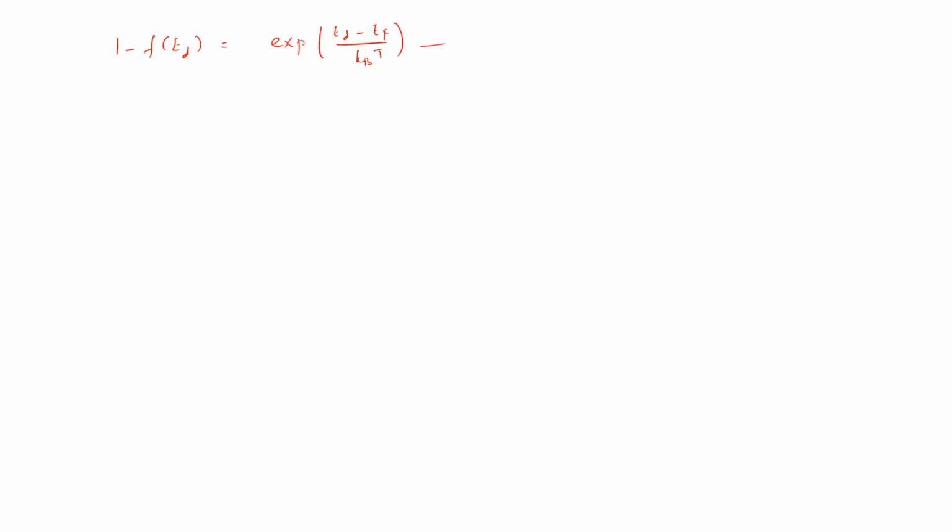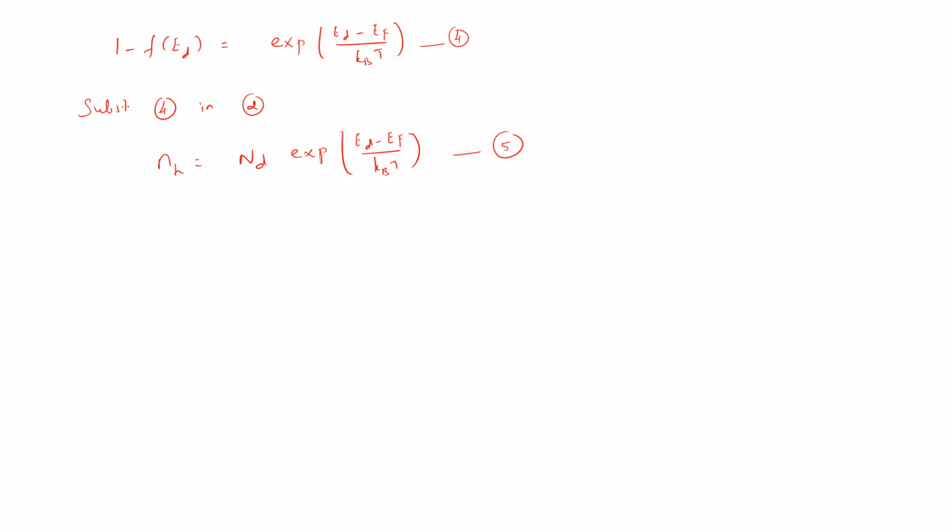So equation number 4. Now I will substitute 4 in 2. So I will get NH is equal to ND into exponential ED minus EF by KBT. Equation 5.